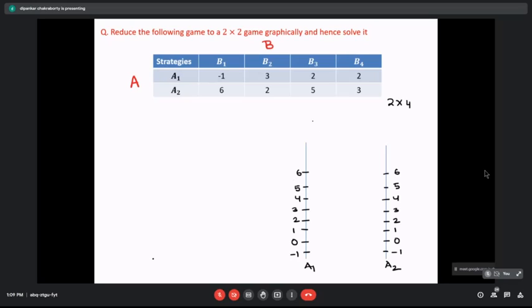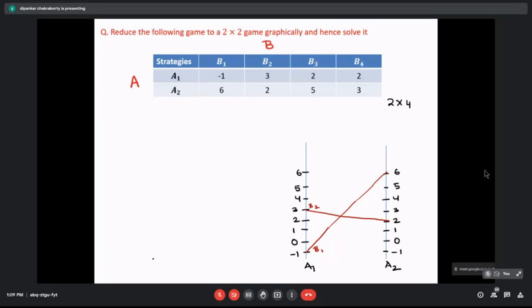Now what you are going to do is draw the lines, right? First B1 is a line joining the points minus 1 and 6. So minus 1 is here and 6 is here. Next, B2 represents 3 and 2, joining the points 3 and 2. So this one is B1 and this is B2.